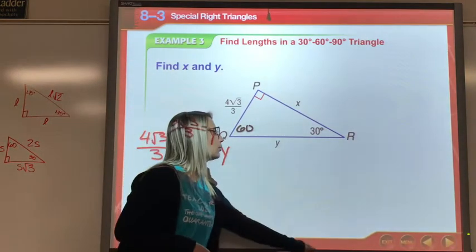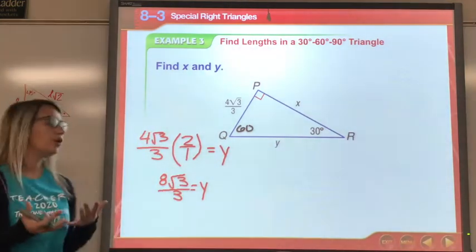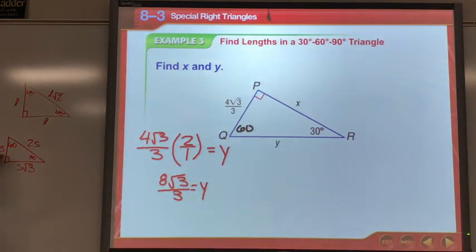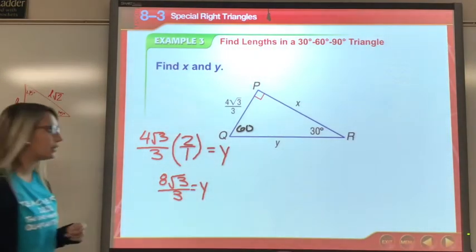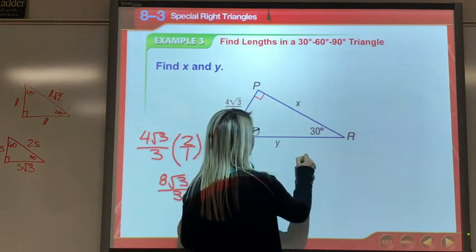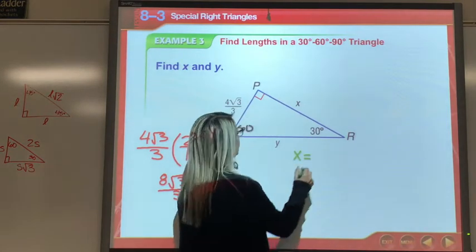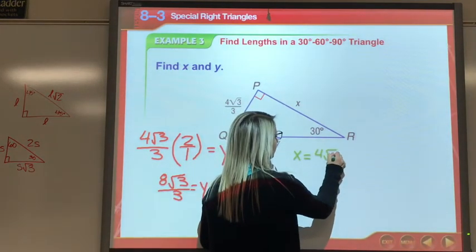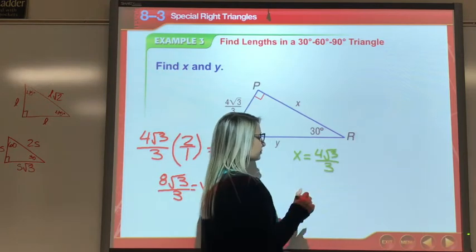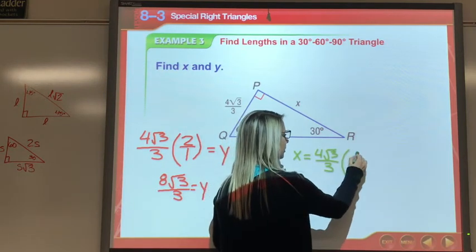Okay, now over here we're going to solve for x. Now remember, when we have our short side, all we do is multiply by the square root of 3 to get that long side. So x is going to equal 4 root 3 over 3 times the square root of 3.